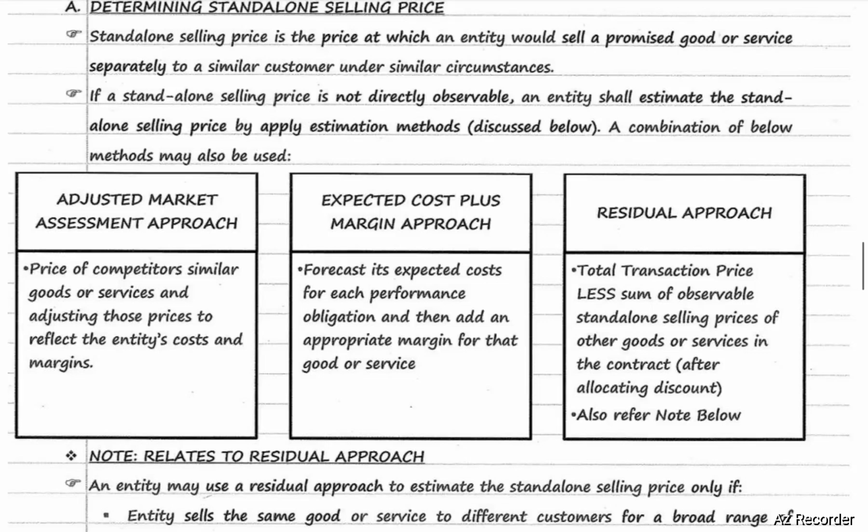Third one, residual approach. Here, total transaction price less the sum of observable standalone selling prices of other goods or services in the contract after allocating discount will be considered in case of residual approach.